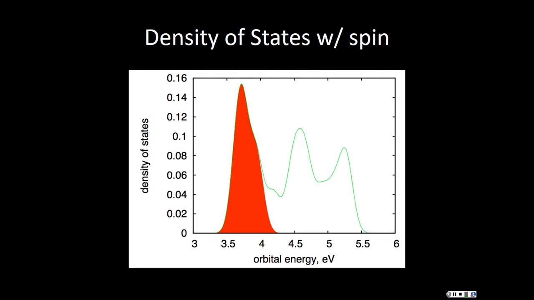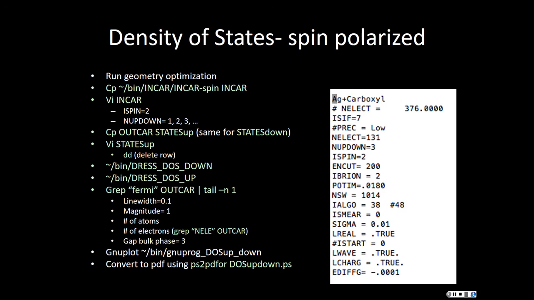Okay. So can you scroll one slide back, Dane? So second line from the bottom: GNU plot, bin GNU prog, blah blah blah. This is a little script. This GNU prog is maybe 3 lines. You can make a copy to your directory and modify it as you want.